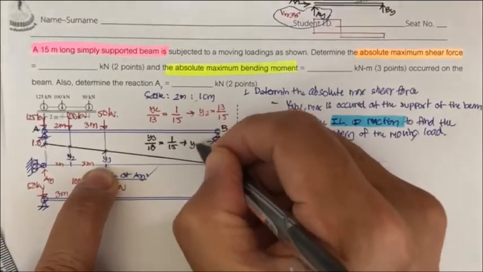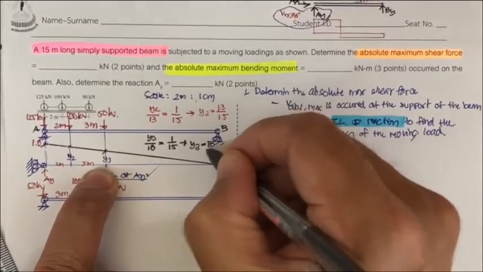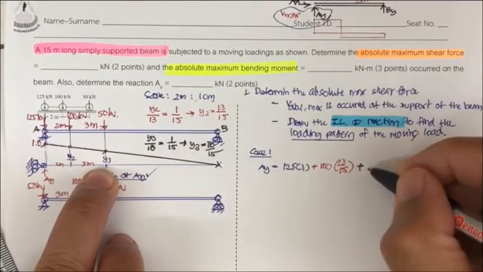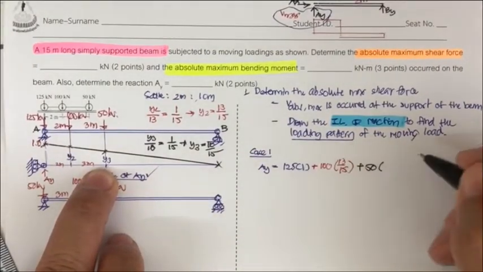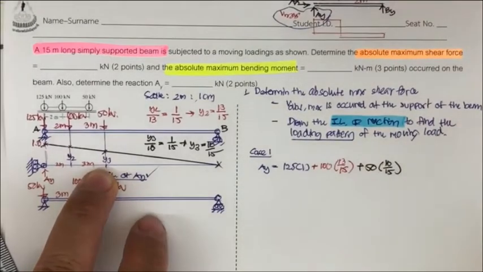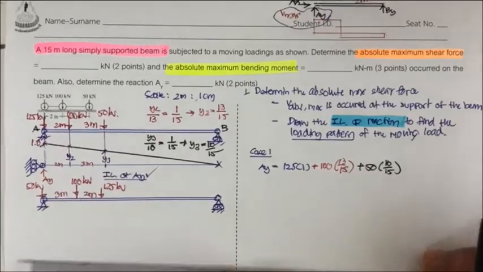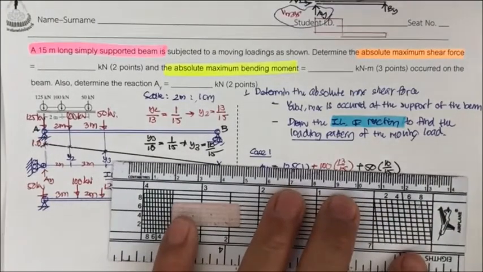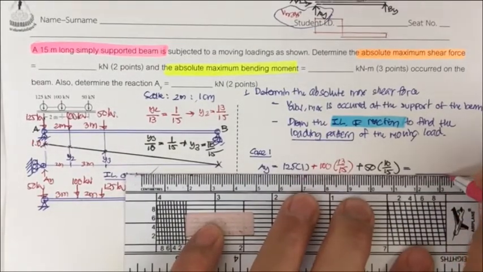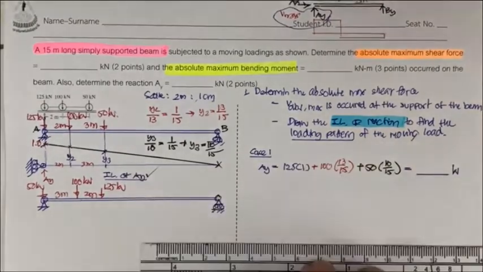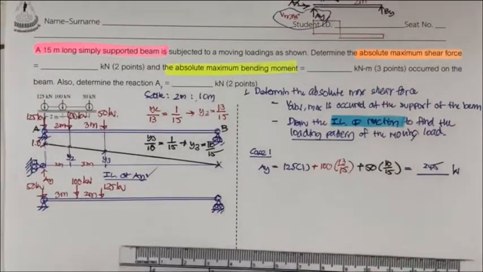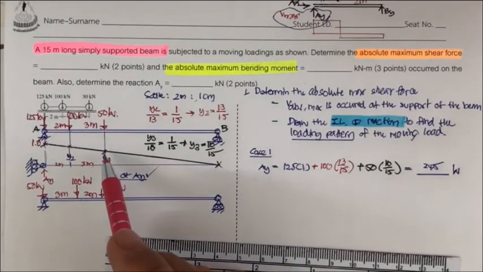So we get y3 equal to 10 over 15. So next, plus the 50 times 10 over 15. Okay, and finally, if you do the calculation, you may pause this and do the calculation, you will get the result here of 245 kilonewton. That is for case 1.